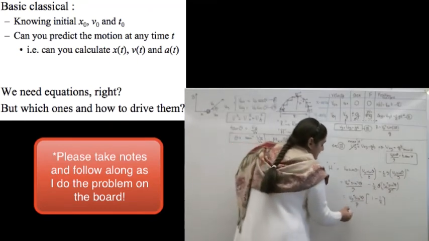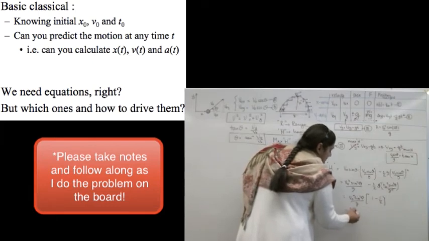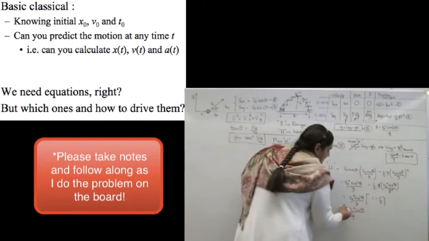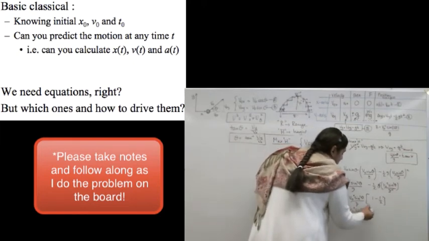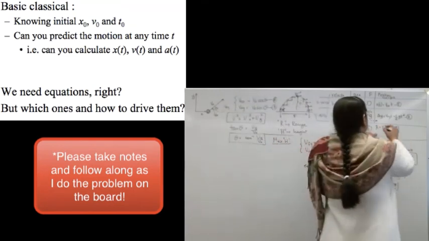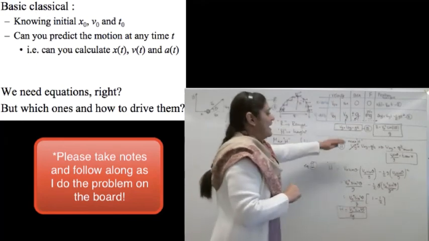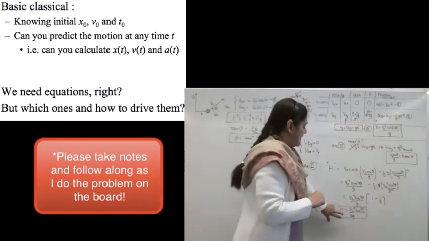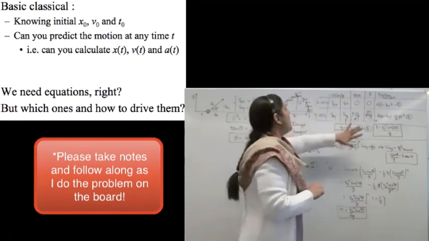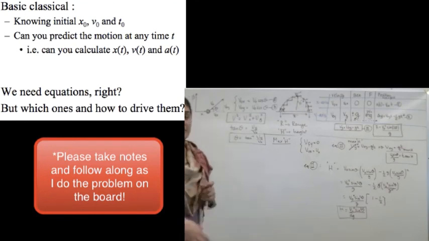And that gives me v naught squared sine squared theta over 2g as the value of my max h, which I can now add to my hierarchy of equations that I know. So I have a range equation, I have a height equation, I have my initial equations of motion. All of these are going to help me solve problems when I get to those.